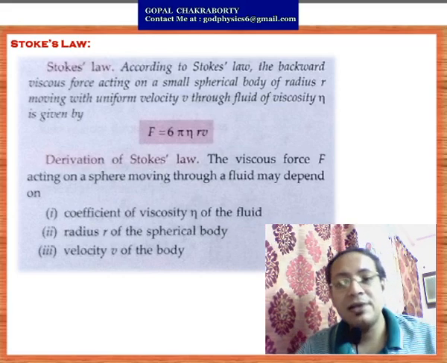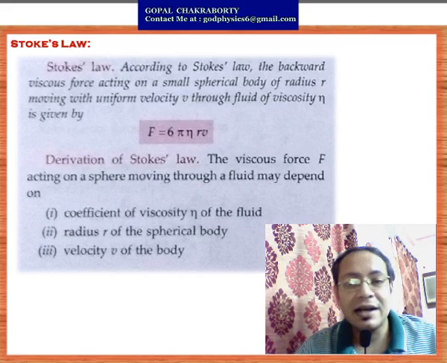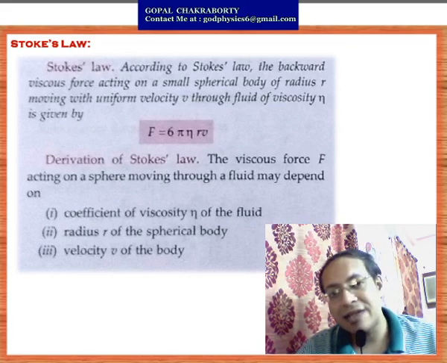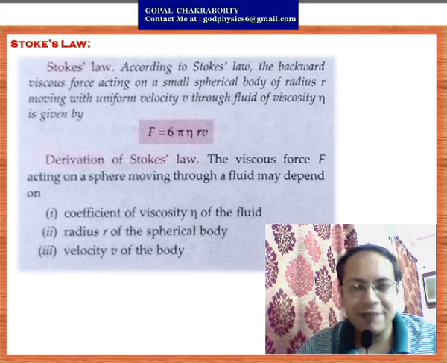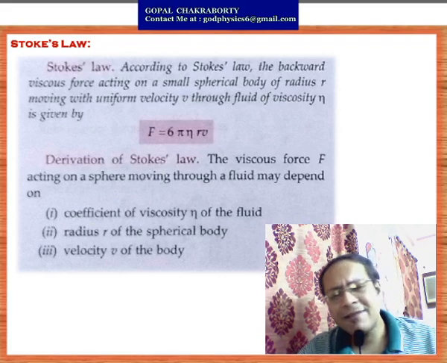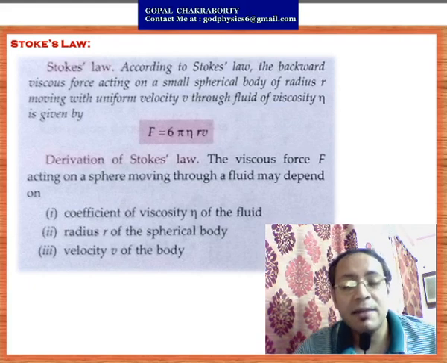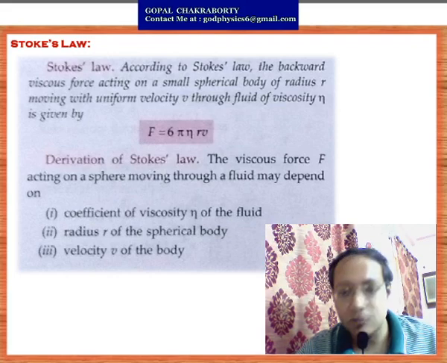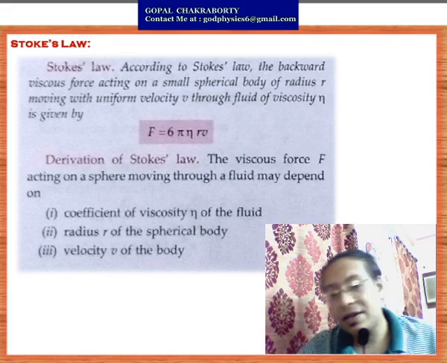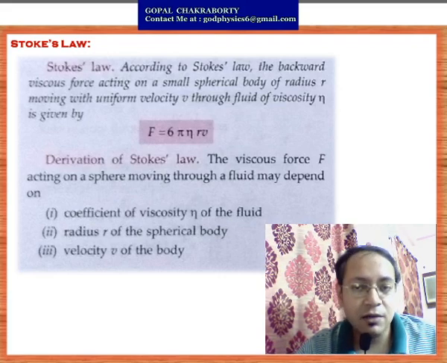Now how do we derive this Stokes Law expression? The easiest process is to consider dimensional analysis. By dimensional analysis you can easily find the expression for Stokes Law. Here the viscous force F acting on the sphere moving through the liquid may depend on the coefficient of viscosity eta of the fluid, the radius r of the spherical body, and the velocity v of the body.